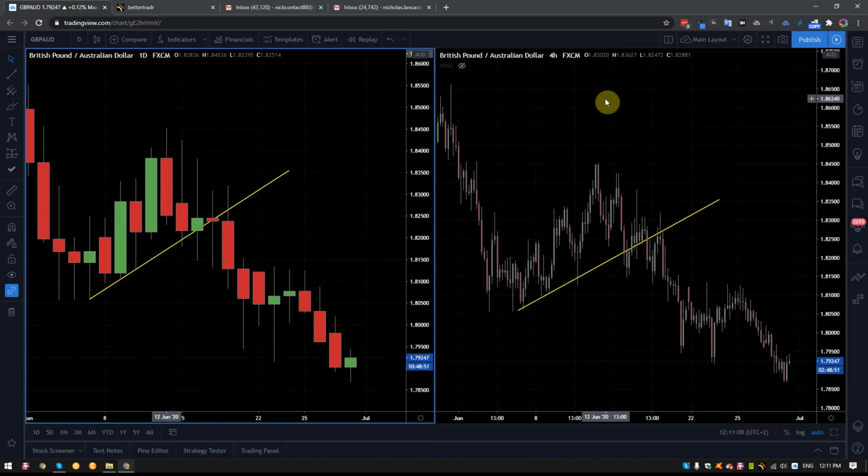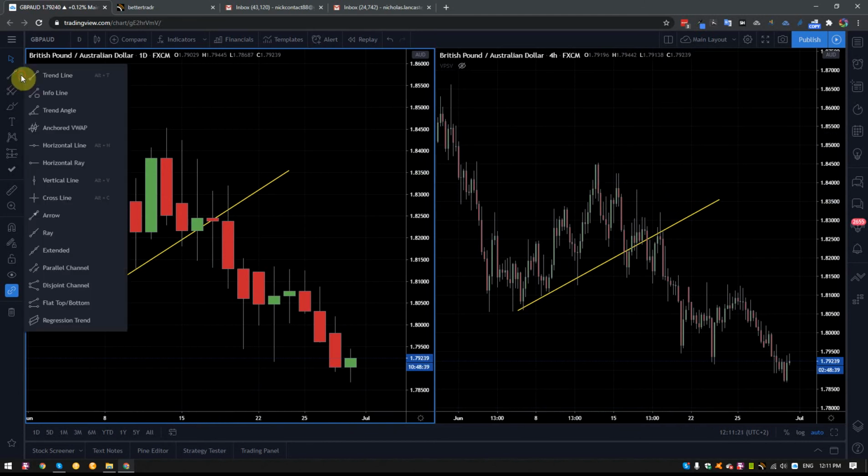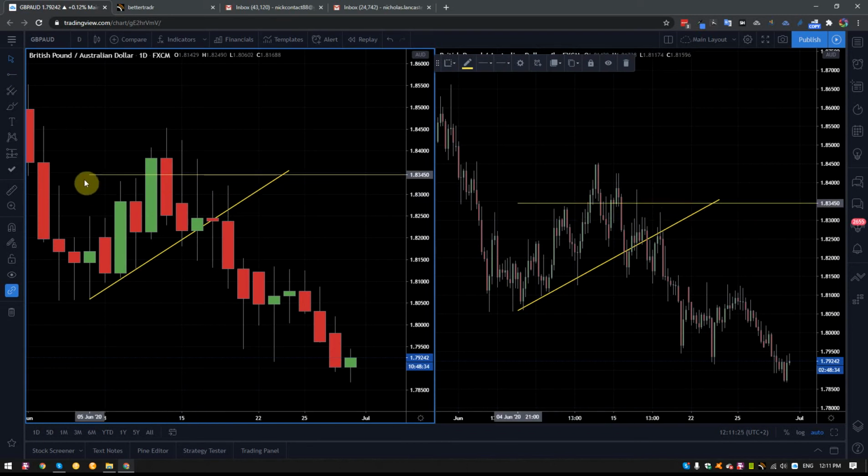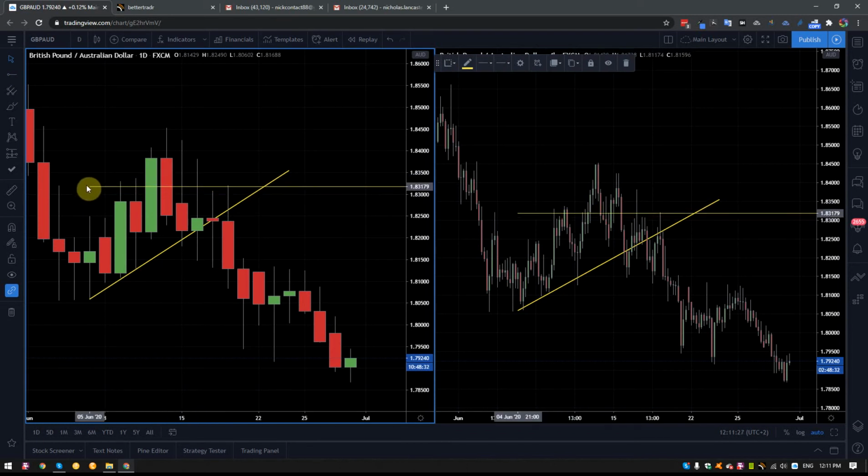And this is where I go down to the lower time frame now. In this particular case, the price made its way all the way back up to the high of these bars here. So if we just put a horizontal line here, you see I've got all these highs just here.